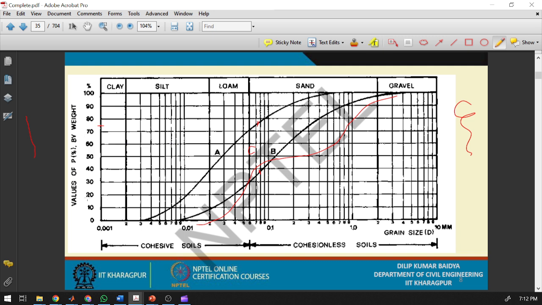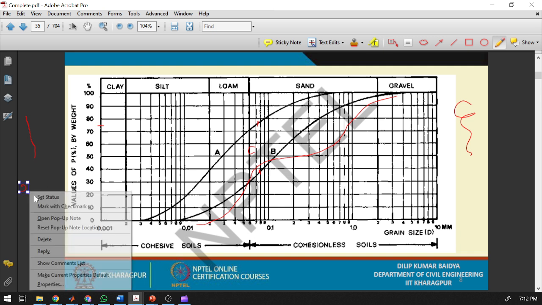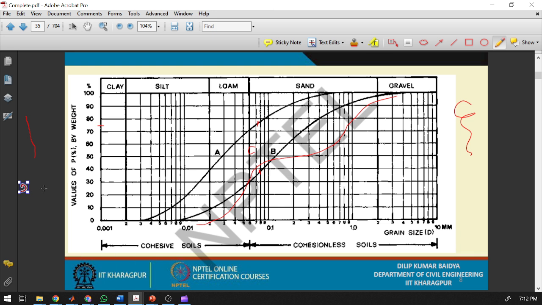But if for that you want to calculate D60, that is a valid point. But here, when by visual observation you can see that this is a gap graded soil, why do you want to calculate CU and CC?